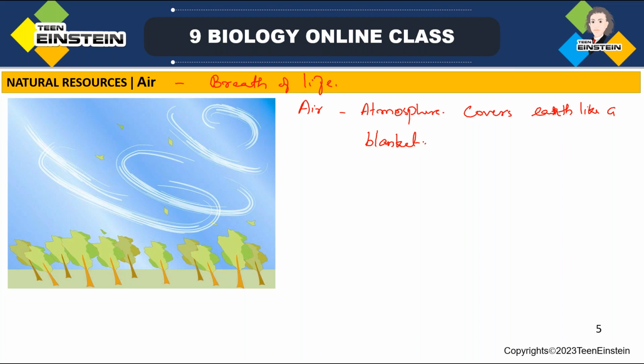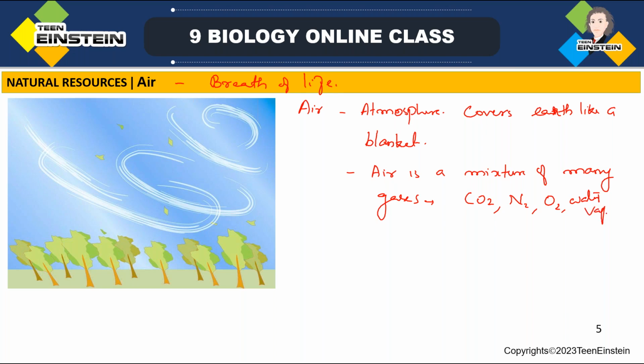Air is a mixture of many gases. Which ones? Nitrogen, oxygen, carbon dioxide, then water vapor. These are all mixed in air.